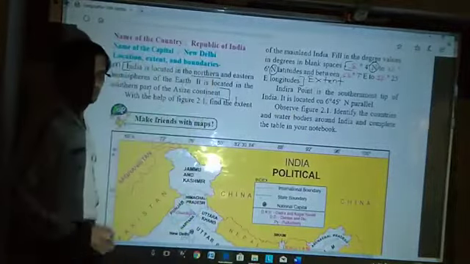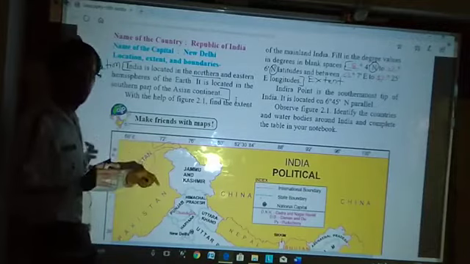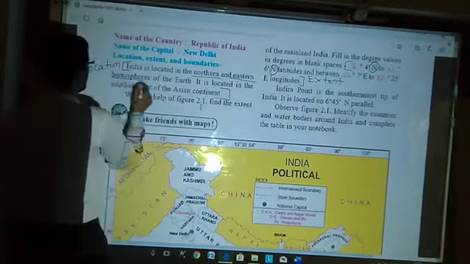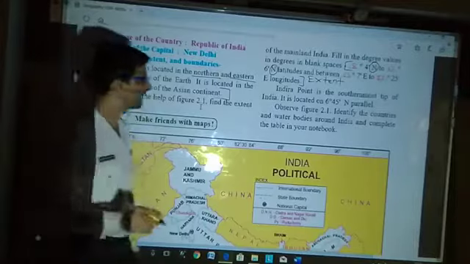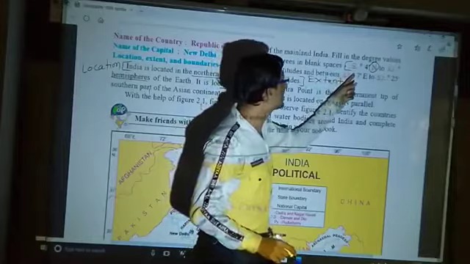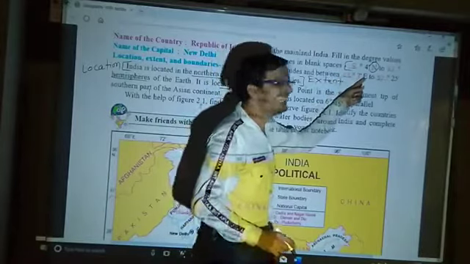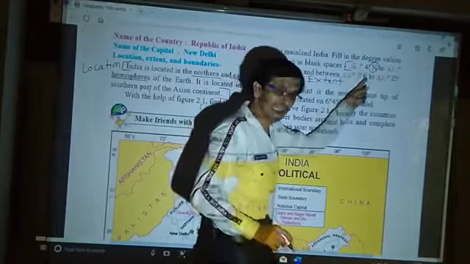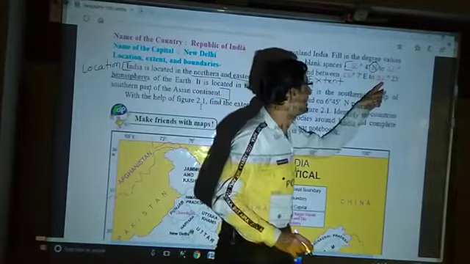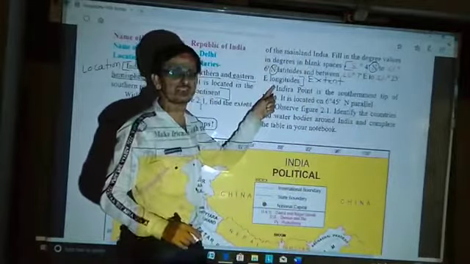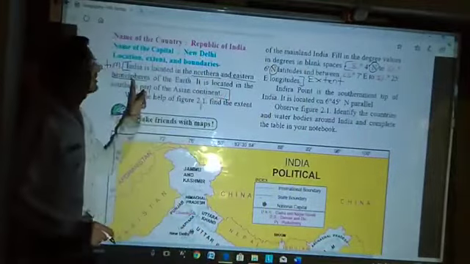For the northern hemisphere we have found the exact value. Now the eastern hemisphere. Between 68 degree 7 minutes east to 97 degree 25 minutes east, this is nothing but the eastern hemisphere.